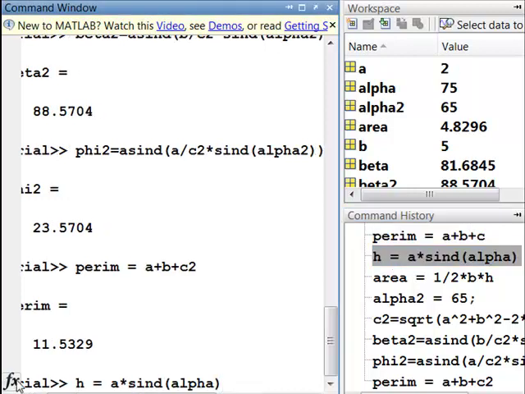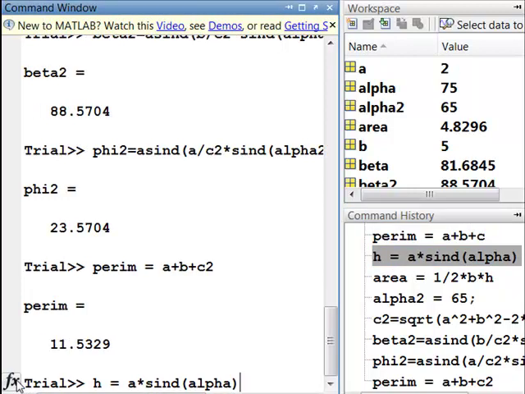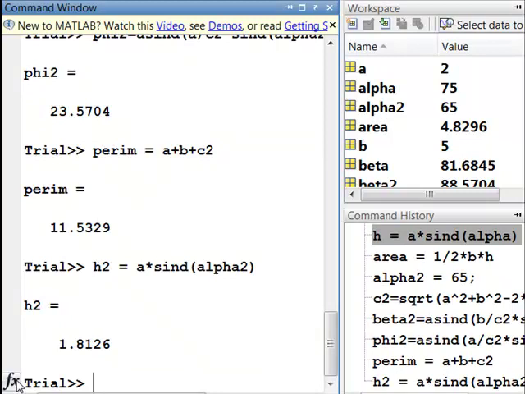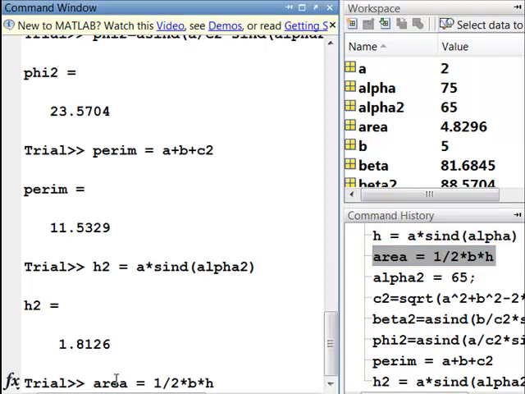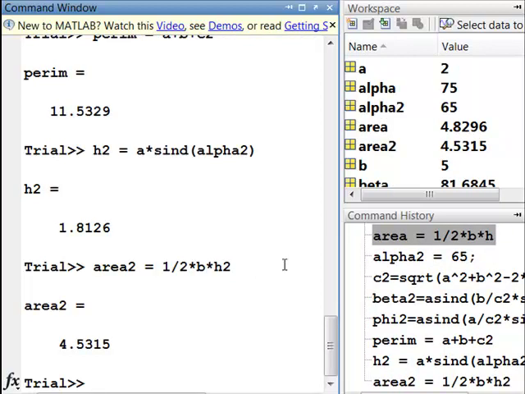We'll drag that in here and we'll call this H2. And lastly, we'll calculate the area. And that's going to be, call that area 2. And now we've done all our calculations.